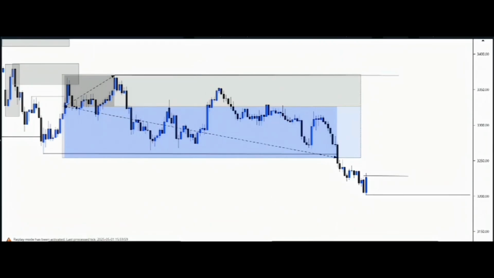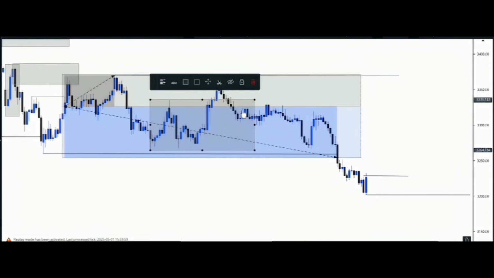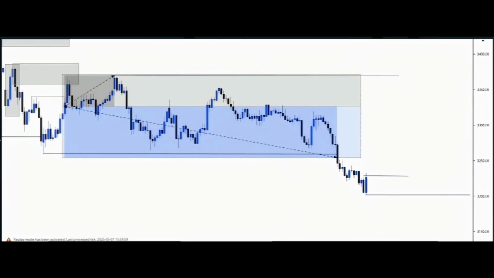The next one is this one here. This one has been mitigated, as you can see by this. So we cannot use that either. So let's look at the next one. There is no one again.